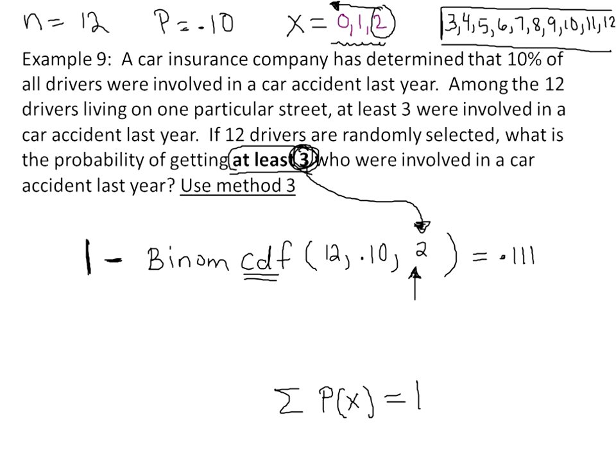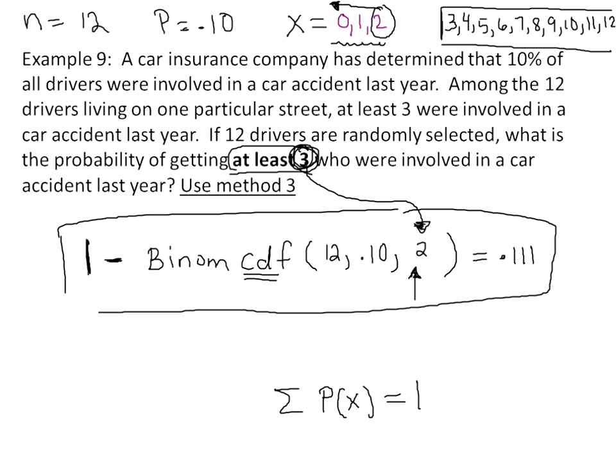It will save you time. If you're going to be using the formula, you're not going to have enough time on the exam. When you're using the calculator, everything that I wrote here, that's your work. So what did you do? I did 1 minus binomial CDF, and I have N, P, and X listed in there, so you know exactly what I typed in.